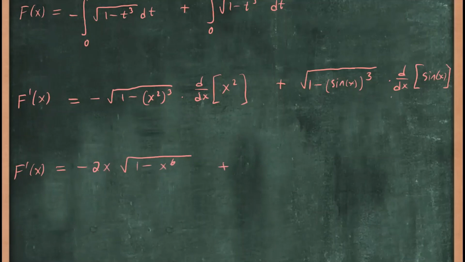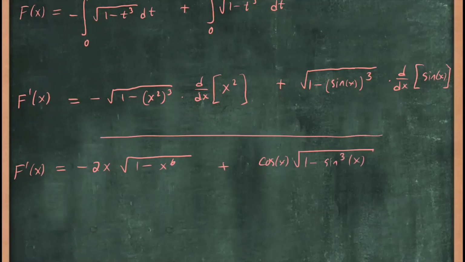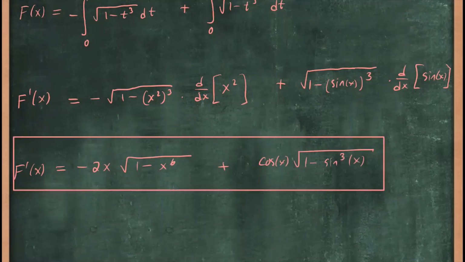Plus, now here, the derivative of sine of x is going to be cosine of x, so I'll just bring that in front of the radical. So it'll be cosine of x times the square root of 1 minus sine cubed of x. So that is the derivative of this big F, which was expressed as an integral.